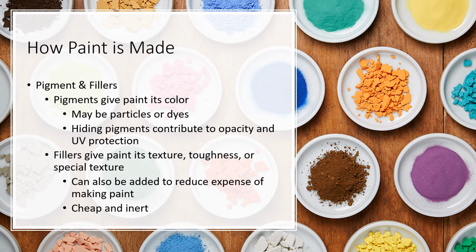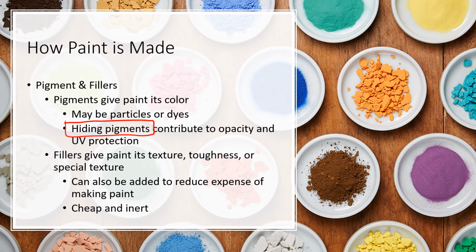Again, the pigment gives the paint its color. This might be particles in a powder like this, for example, or it might be a dye which comes in liquid form. Hiding pigments contribute to opacity and UV protection. These are specifically chosen pigments that you mix into other pigments to help make it less translucent. With some pigments you would have to apply a huge quantity to a solution so that it's not at least a little bit see-through.